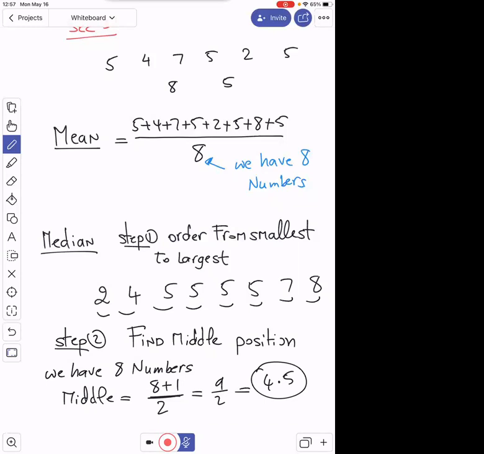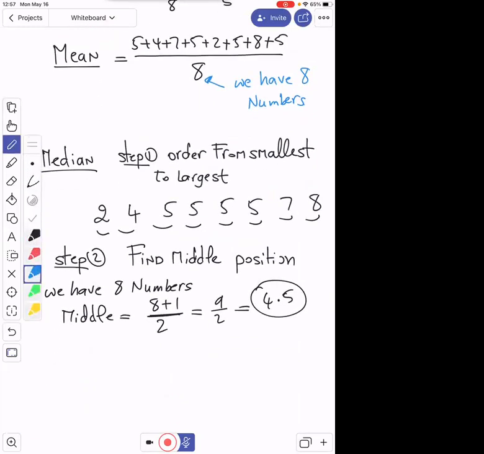So that's not the answer. That's not the median. I think some of you got confused with this. This is just the middle position.